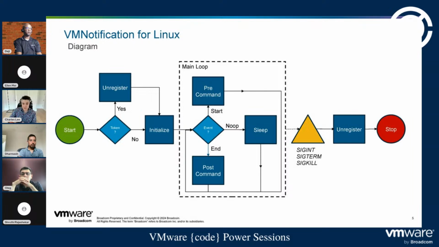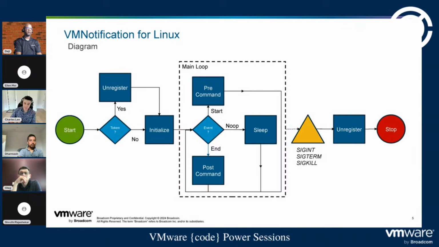Then we dive into the main loop, and this logic is exactly as described by Oleg. We check to see if there's an impending vMotion event. If there's none, we just sleep for the specified amount of time. But if there is a start, we execute the pre-vMotion command, and once that completes, we notify the system to proceed with the vMotion.